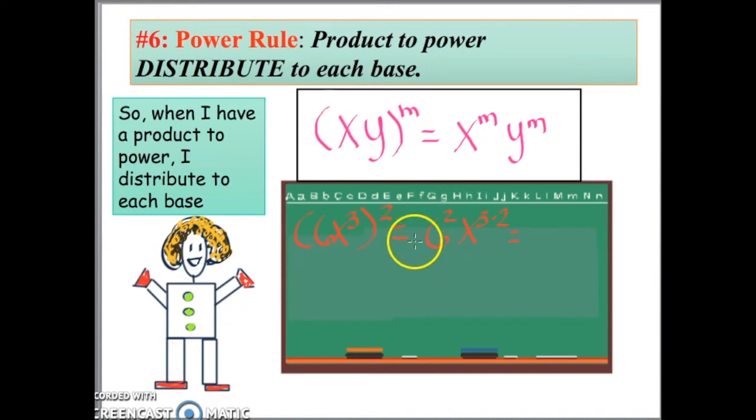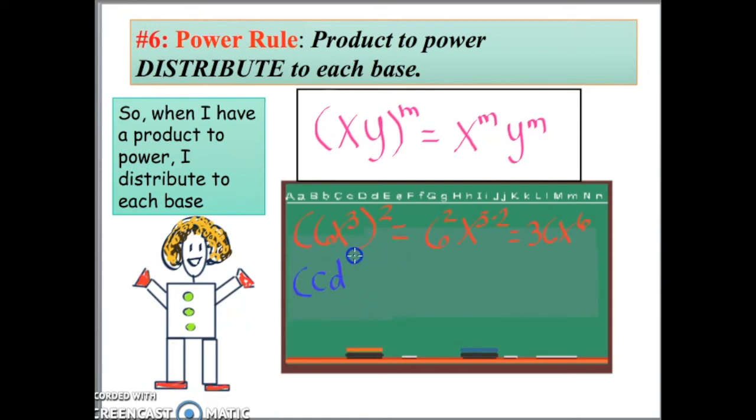So simplify that out. 6 times 6, remember, exponent tells me how many times to multiply my base. So that leaves me with 36. And 3 times 2, x to the 6th power. Hope that's making sense. Let's try another example.